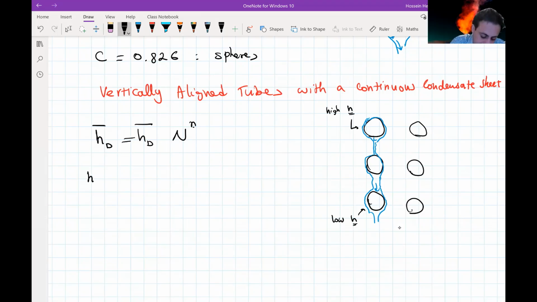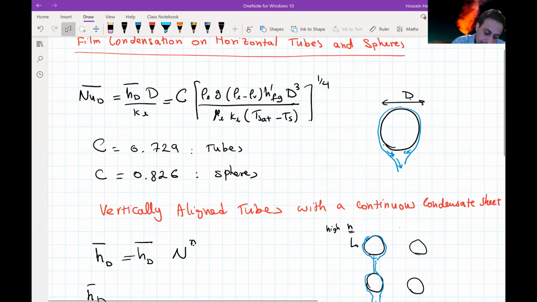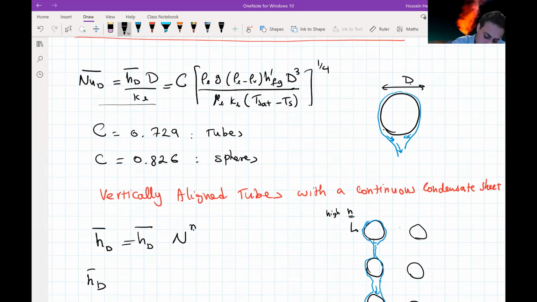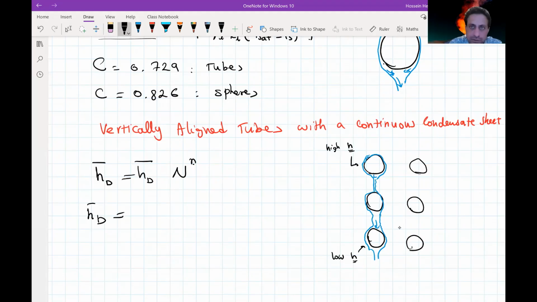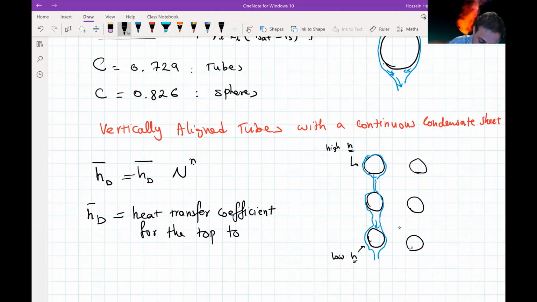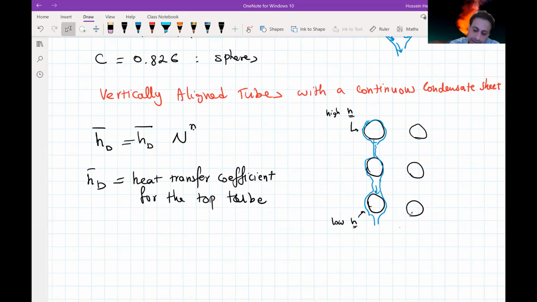This h_D is what we find from the correlations above. This is the heat transfer coefficient for the top tube, and N is the number of the tubes that are stacked vertically.